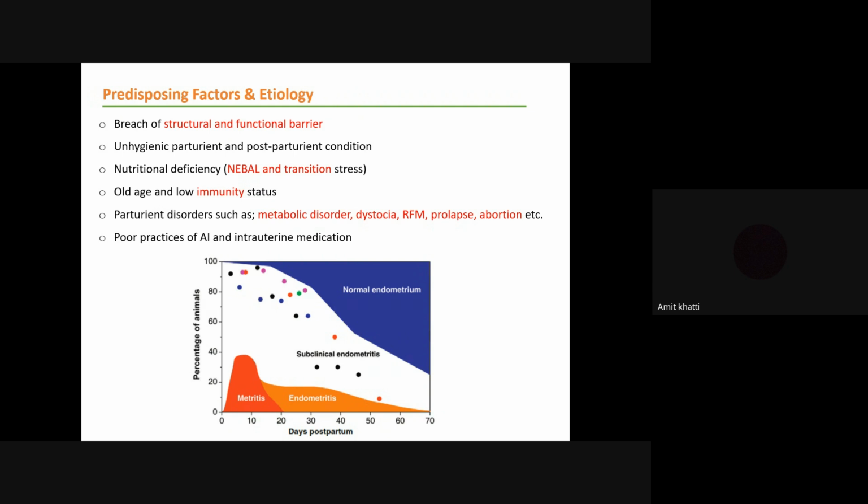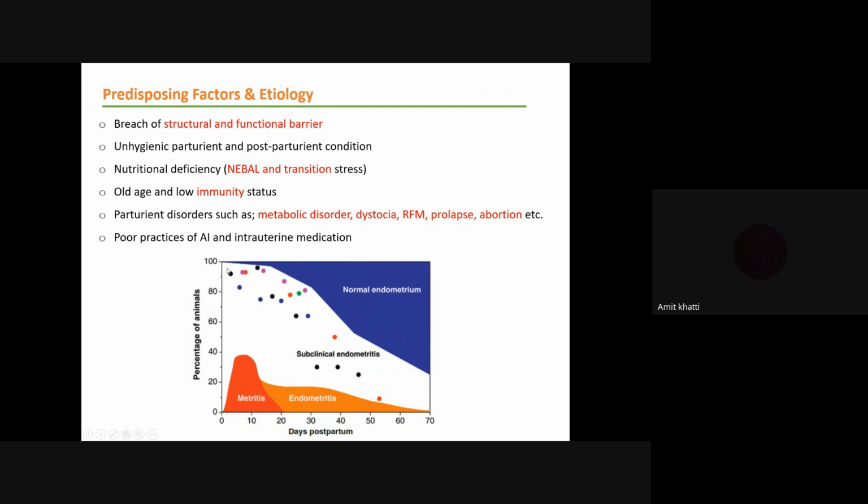Normally, whether or not the animal is going to develop postpartum uterine infection, it will definitely have microbial colonies in the uterine lumen. Sometimes they are favorable, sometimes they are inhabitants of the uterine tissue, and sometimes they are pathogenic in nature. So you can see that at the event of parturition, the uterus has microbial contamination.